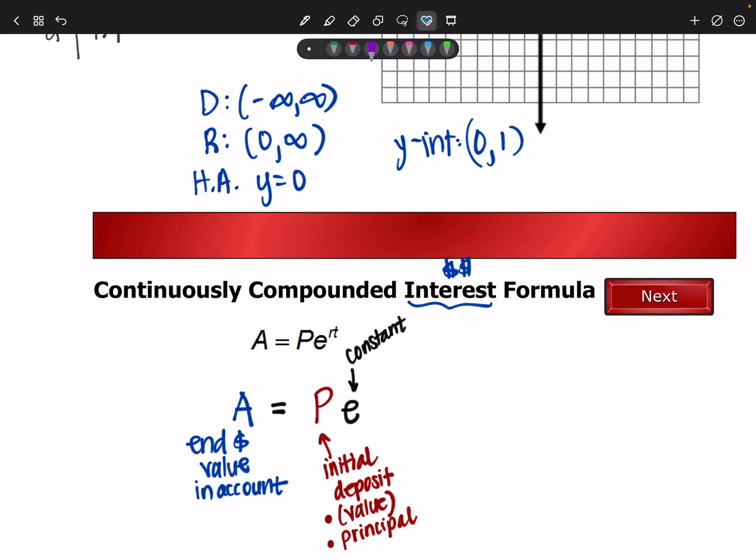And then we've got E raised to the R, which is your interest rate. And that's going to be your interest rate as a decimal value, not a percent, times T, and T is our time in years that the money is invested.